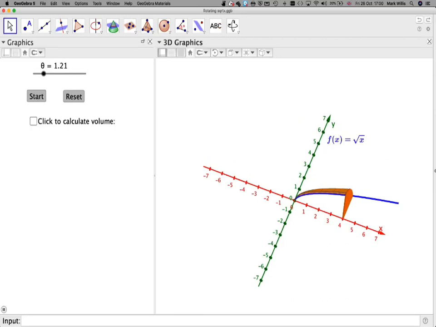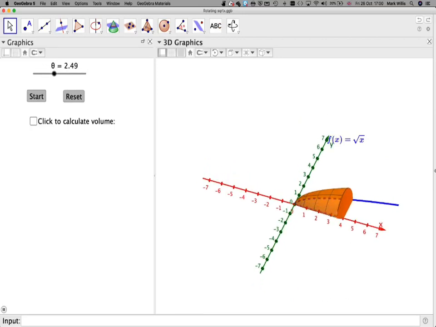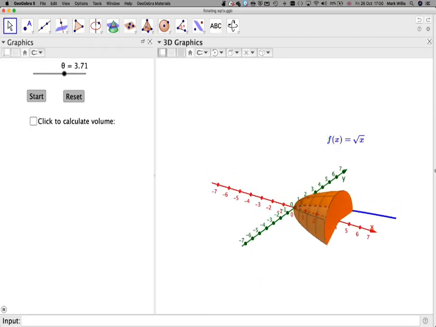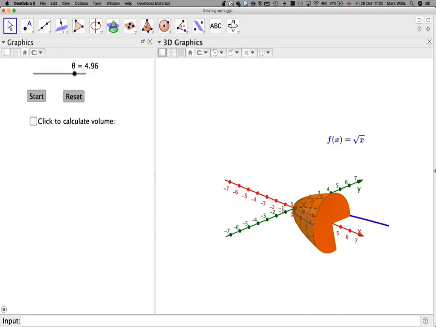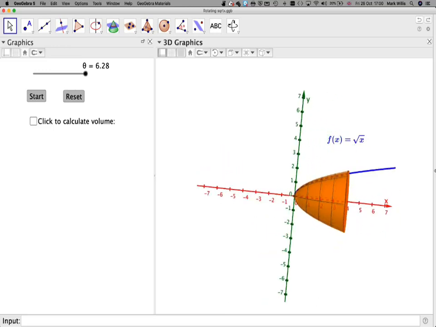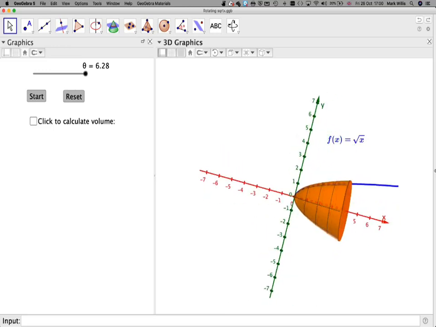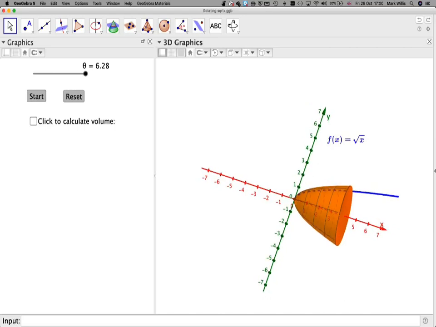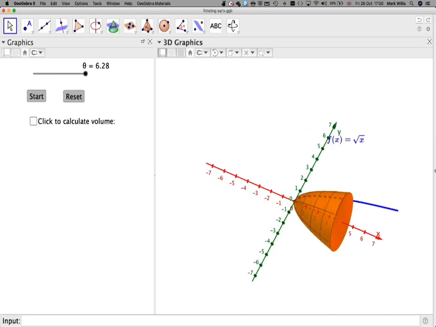what you can see is that it's actually now forming a solid, and what I mean is it's rotating 360 degrees, 2 pi radians around the x-axis. It actually forms a solid, and what we're going to do is use integration in order to find the volume of that solid.